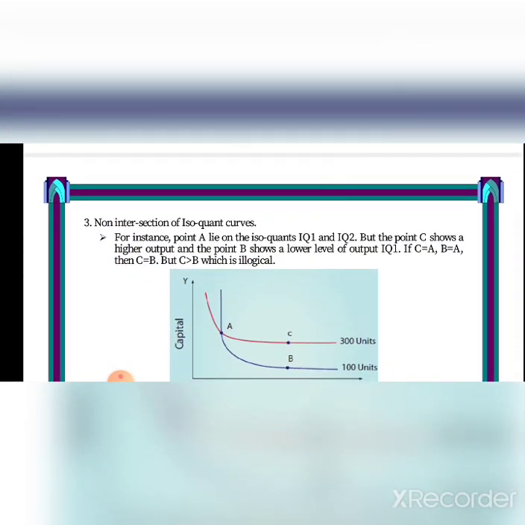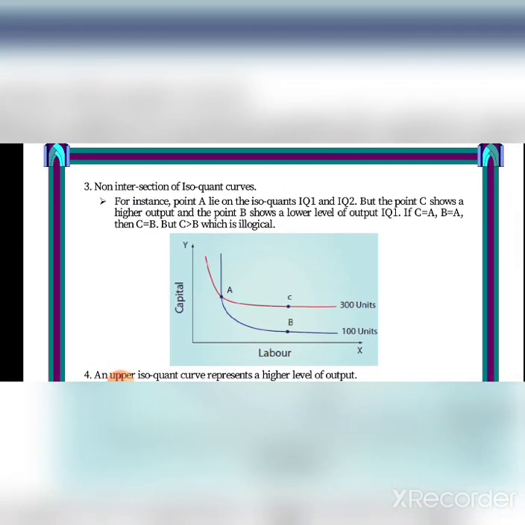Next one, non-intersection of isoquant curves. For instance, point A lies on the isoquant curve IQ1. So you see IQ1 and IQ2. IQ means isoquant curve. But point C shows a higher output and point B shows a lower level of output.